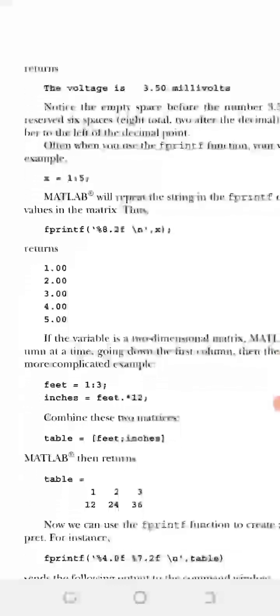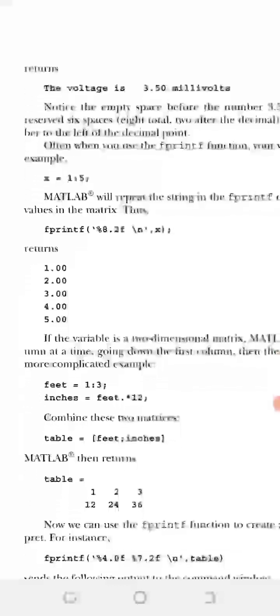This variable x is assigned 1 to 5. Now we want to print it. We now say fprintf %8.2f \n, x. So it will now bring this in as a column. Ordinarily, if you run this kind of command, you're going to see this as a row.